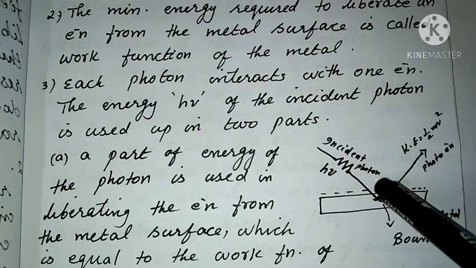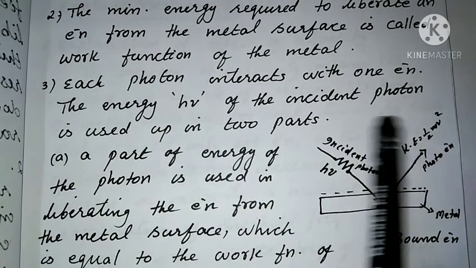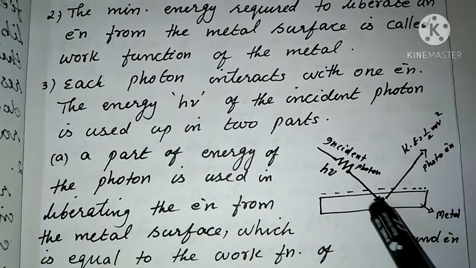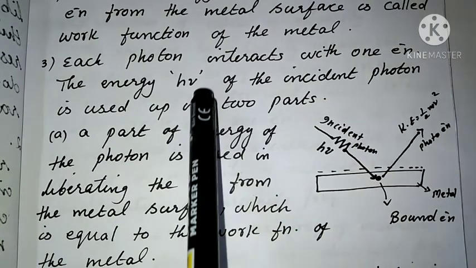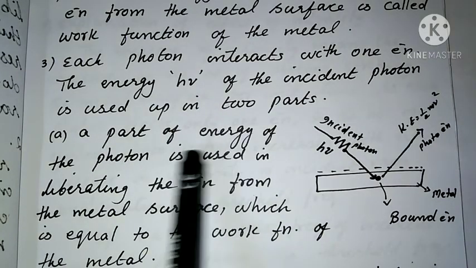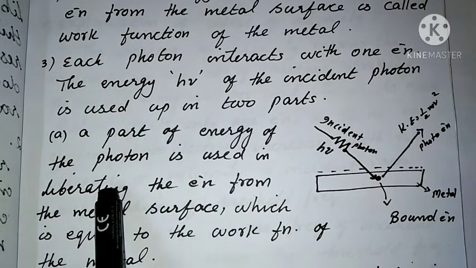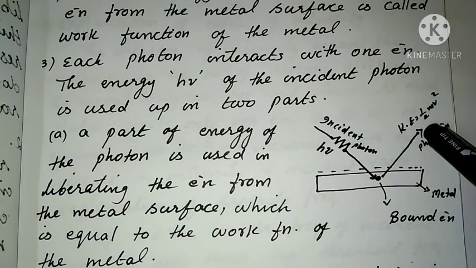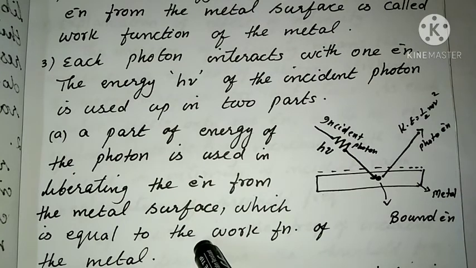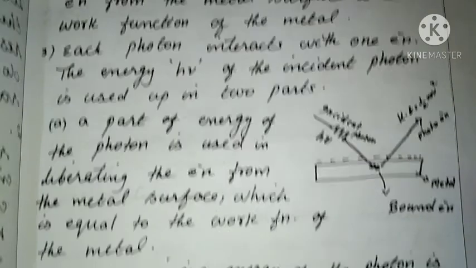The energy h nu of the incident photon is used up in two parts. A part of this energy is used in liberating the electron from the metal surface, which is equal to the work function of the metal.